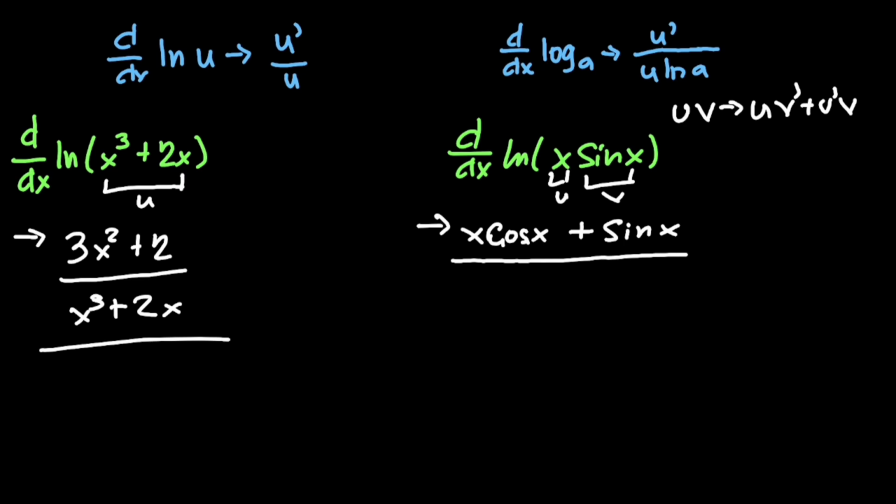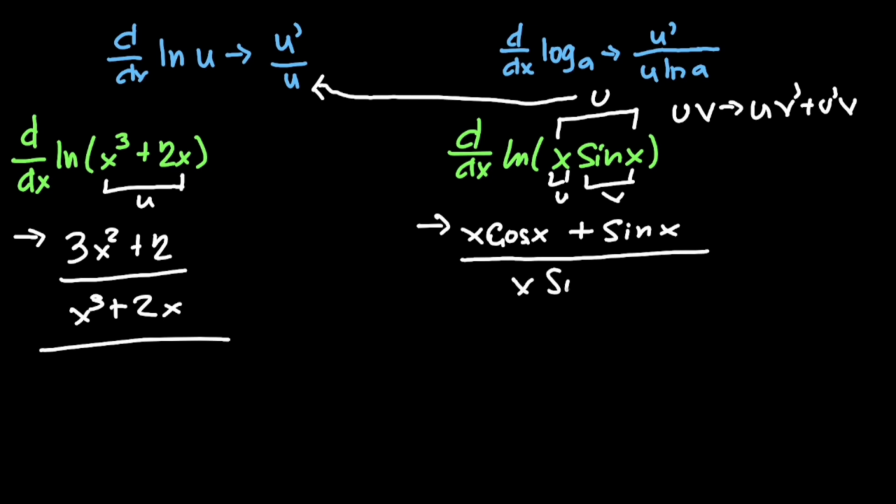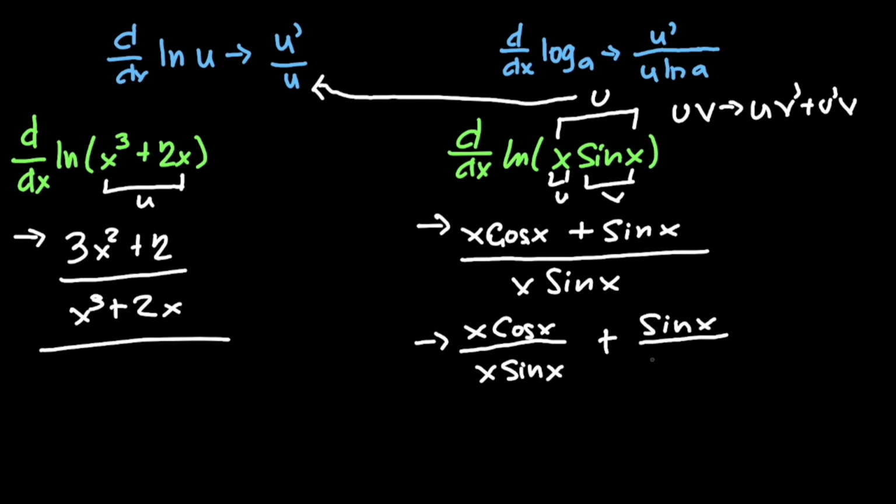when that is finished, you can also view this as u according to this formula. So u here will be x sine of x. You can split this apart in order to simplify. X cosine of x over x sine of x plus sine of x over x sine of x.